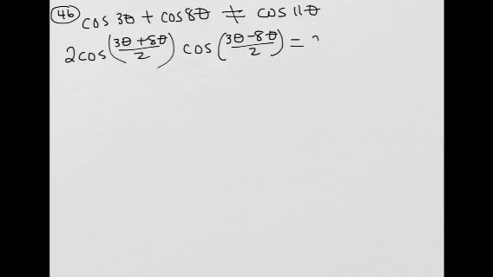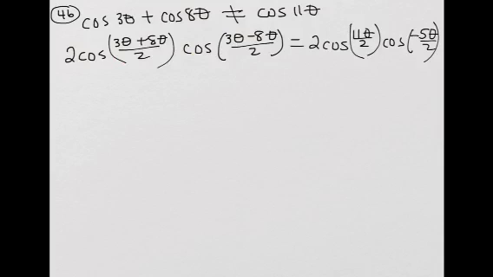So this becomes 2 cosine 11 theta over 2, you could leave it as a fraction like this. And then 3 minus 8, so that would be negative 5 theta over 2.